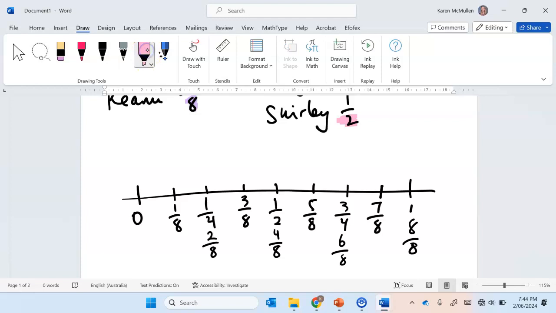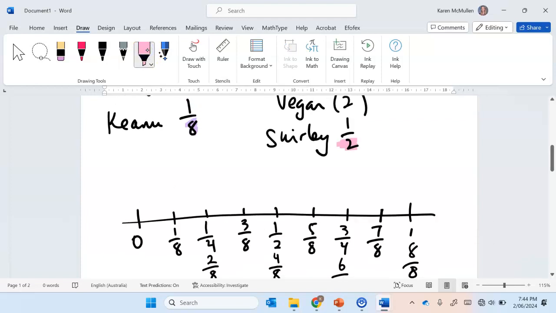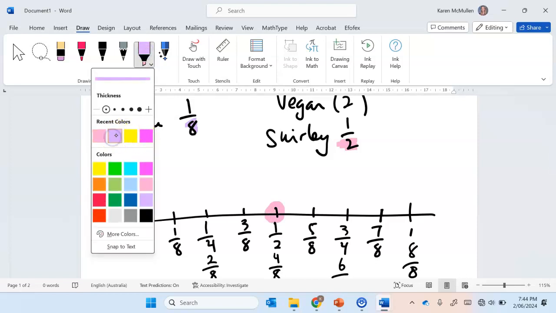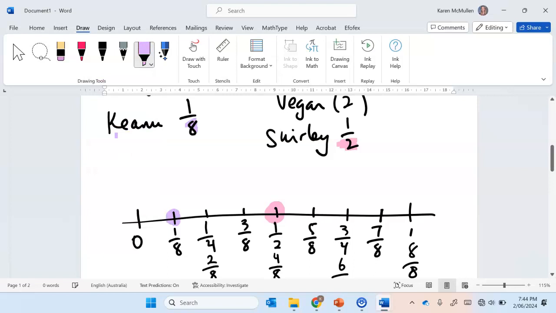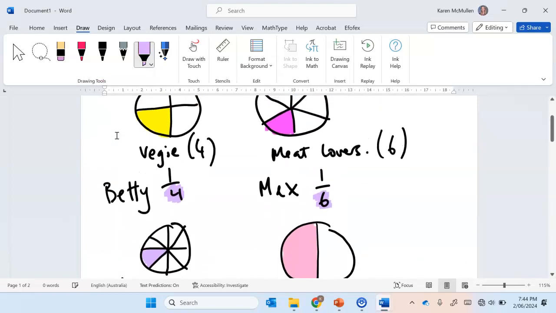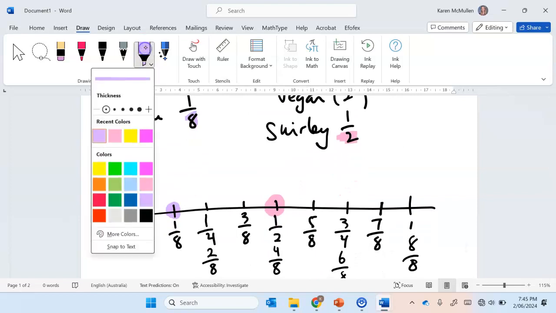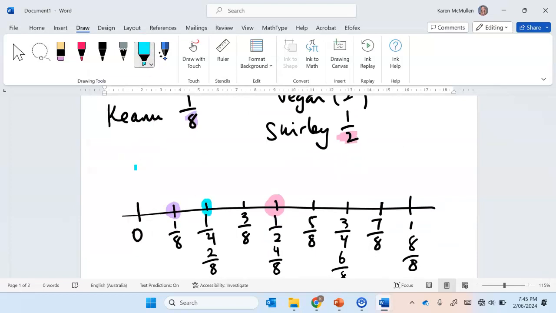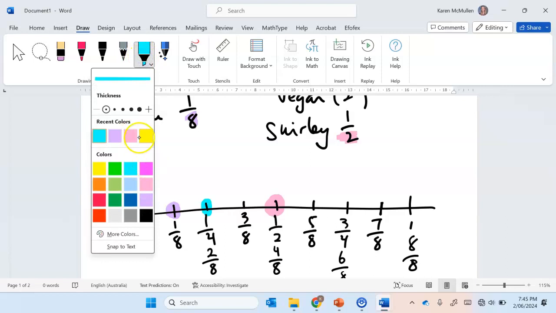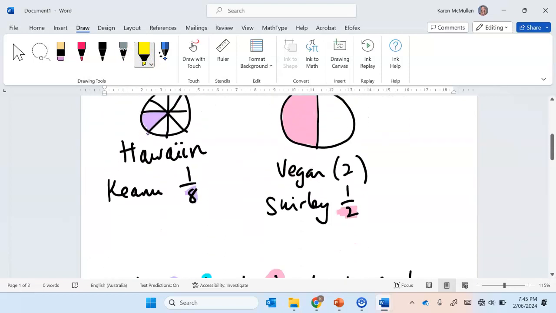So if we think about where everyone sits on this number line, there's Shirley at 1/2, and then we've got Keanu at 1/8. Betty is here at 1/4, and Max was 1/6.